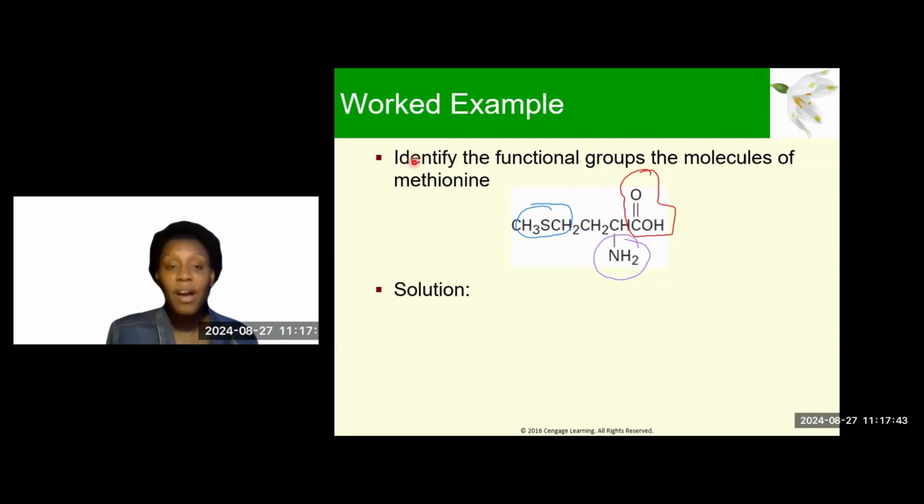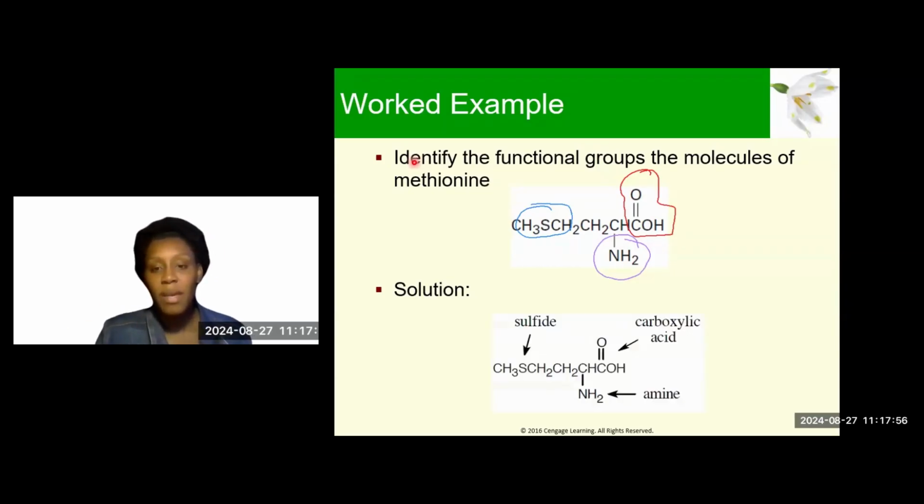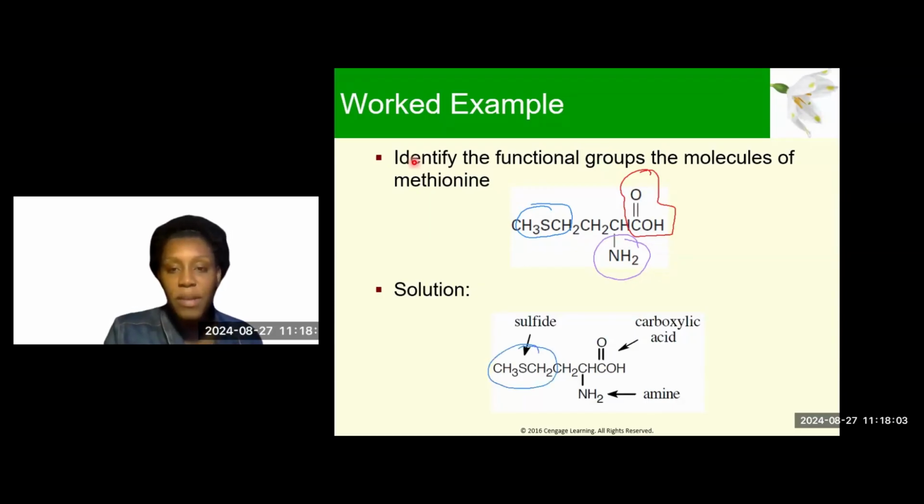Matter of fact, if you take biochemistry, you should be able to recognize this as being a type of amino acid, because it has an amine and a carboxylic acid on it. But let's go ahead and go through that. So you have your sulfide, because the sulfur is right there in the middle.